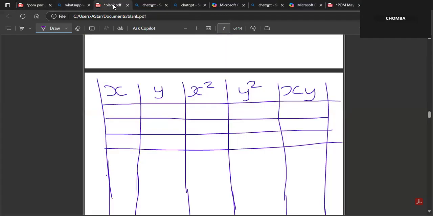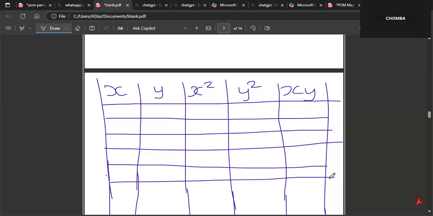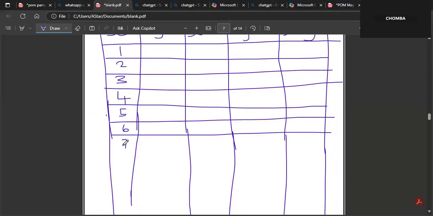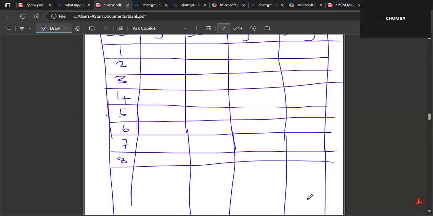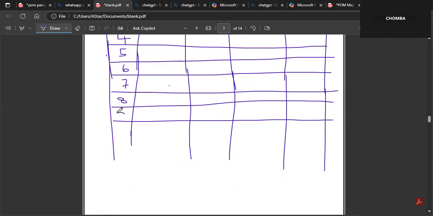So that's what you do in an exam. So this is 1, 2, 3, 4, 5, 6, 7, 8, 9, 10, 11.